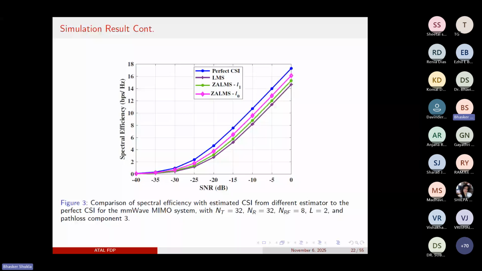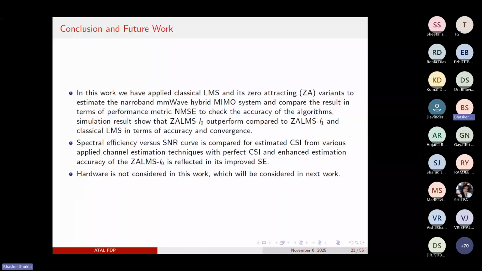Because ZLMS L0 is more accurate, the spectral efficiency corresponding to that estimator is closer to the perfect one and higher than the others. So this is the estimator for the millimeter wave hybrid MIMO system.